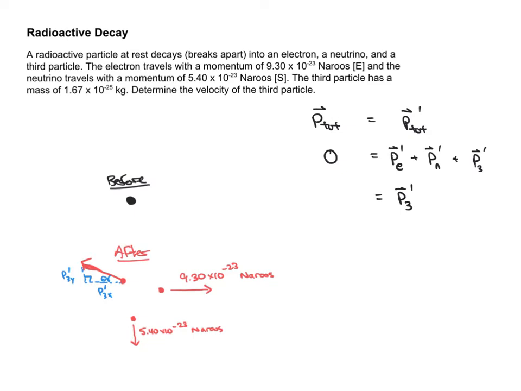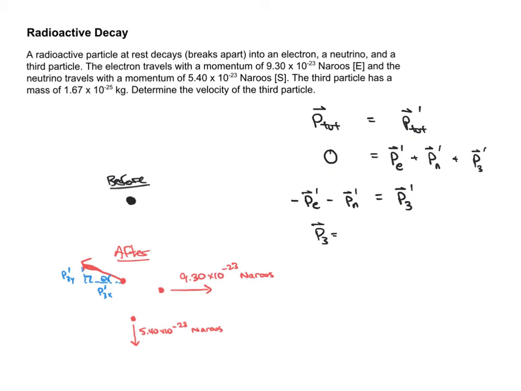If I rearrange it for P3, it's basically just going to be negative the electron's momentum and then minus the neutrino's momentum. That's what it'll be. So I'm going to rewrite this with numbers and directions.